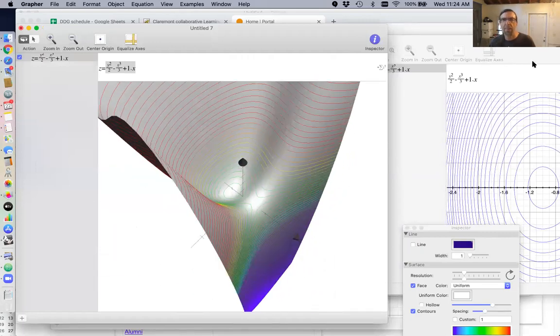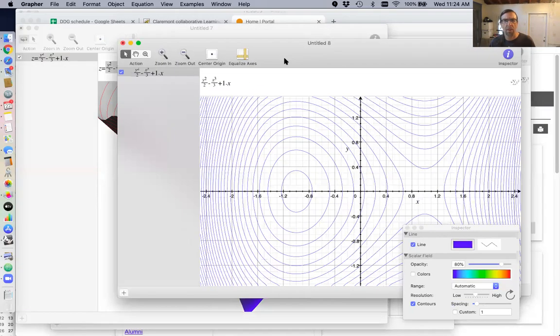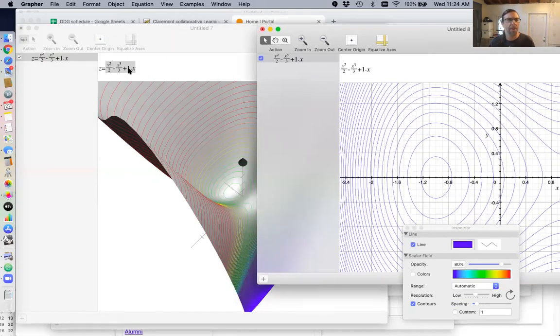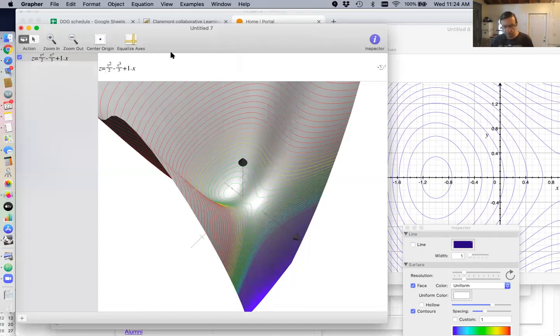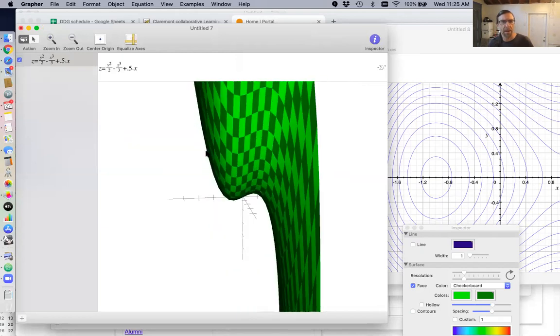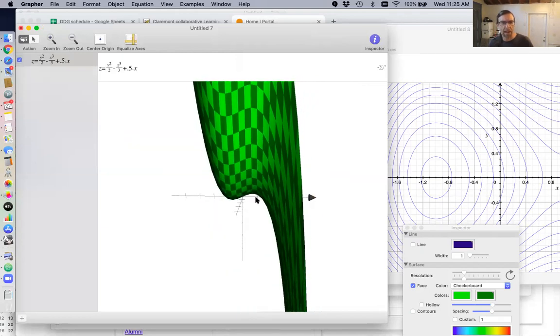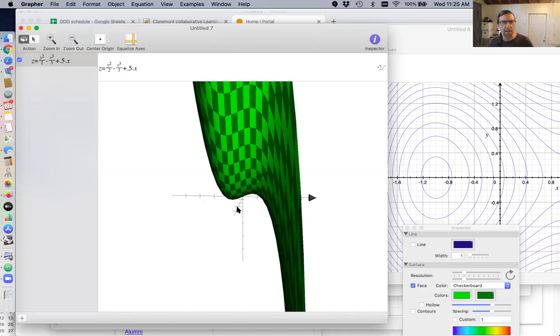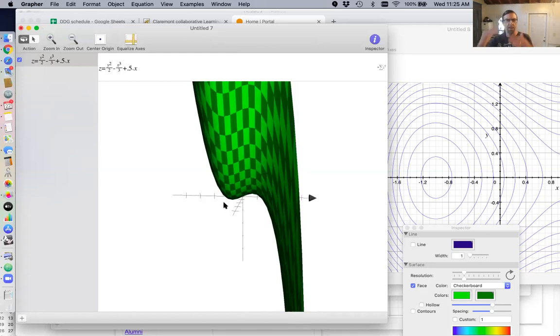Now let's see what happens to both these pictures when a equals 1/2. Instead of that 1, I'm going to change that to 0.5. You can see what happened was this saddle point decreased and the minima increased, and eventually those two are going to level off to the same level.